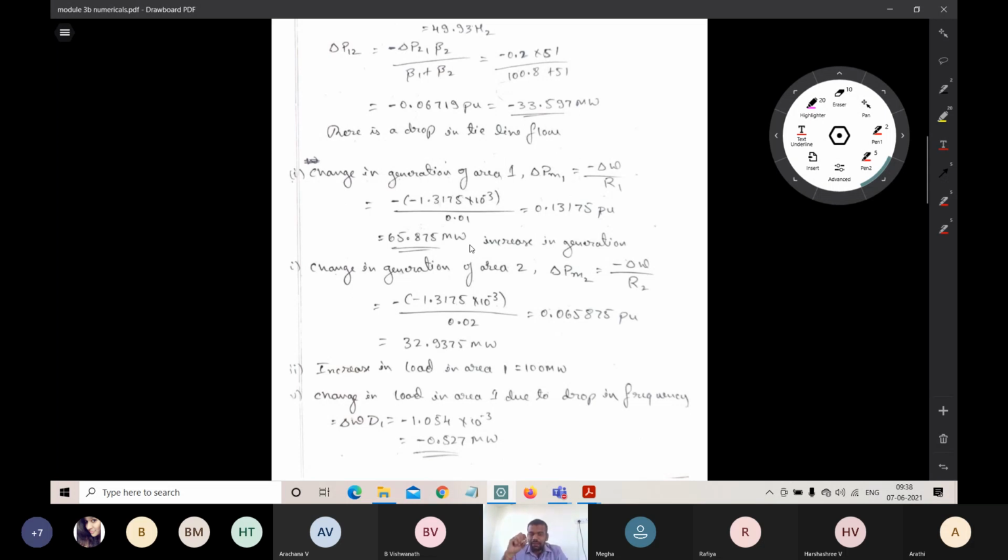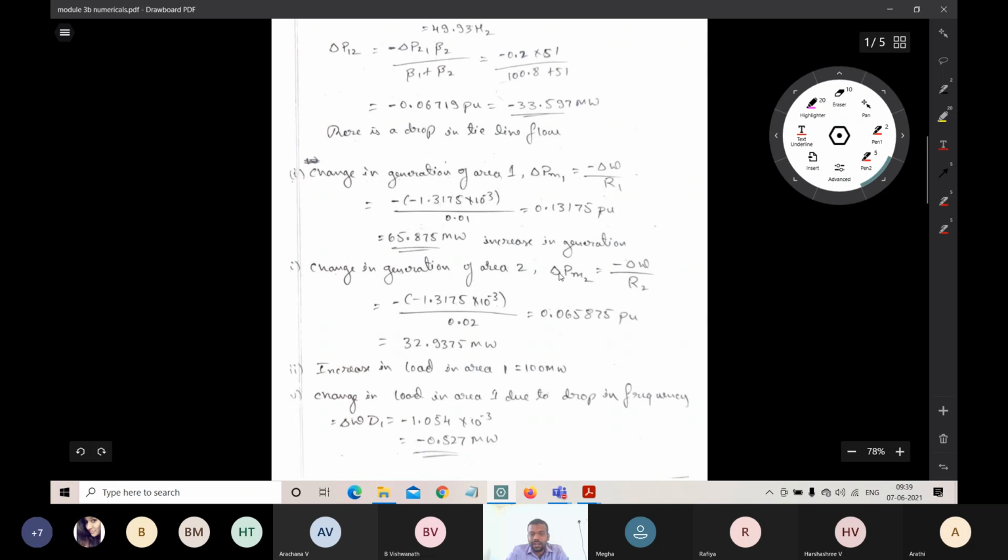Since the 100 megawatt load increased in area 1, in the generating units of area 1 we must increase generation by about 65 megawatt. The remaining we take from area 2. That is the comparison here.